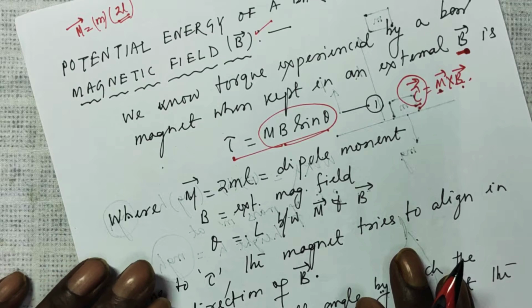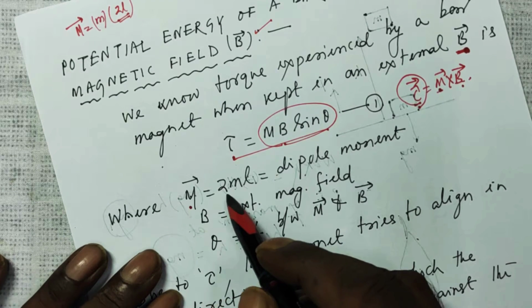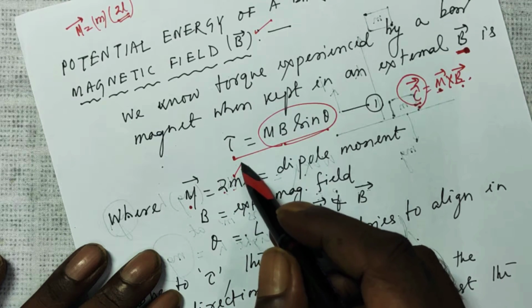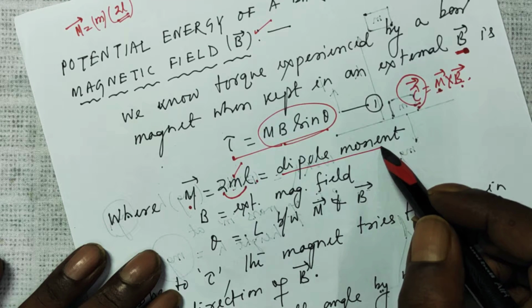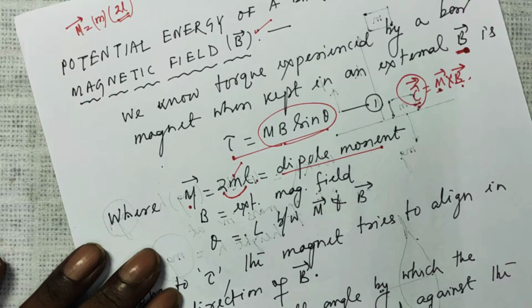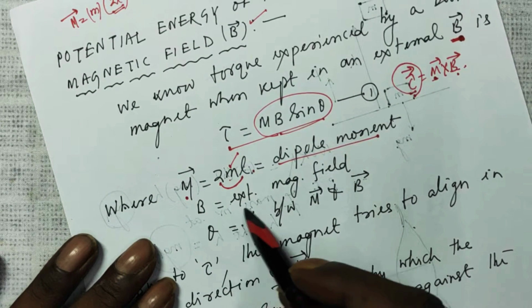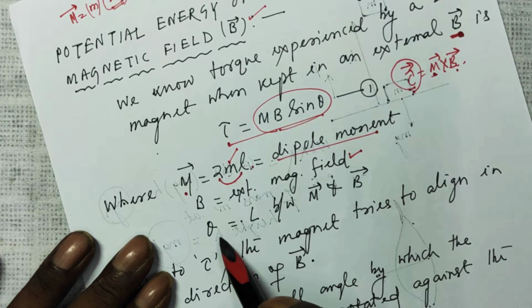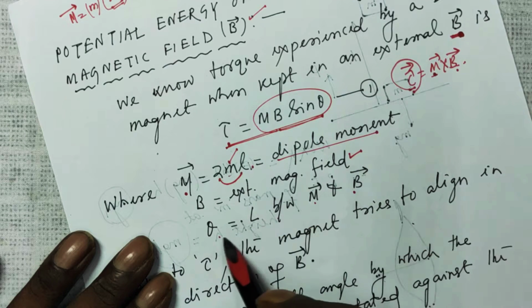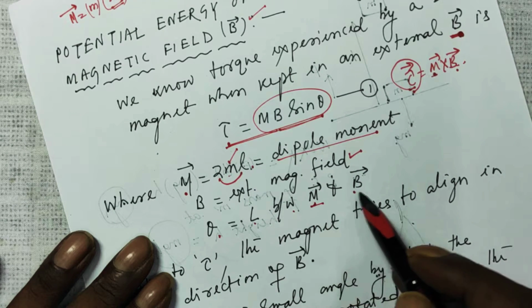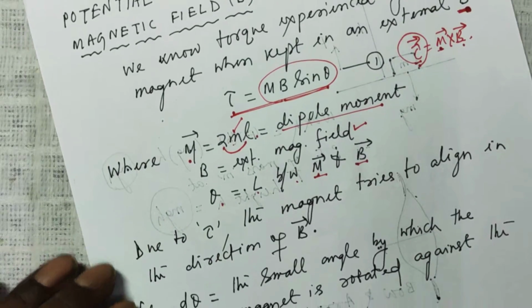Now, m, the magnetic moment, was 2ml, where m was the pole strength and 2l was the magnetic length, that is the distance between the south pole and north pole of the bar magnet. It was the dipole moment, directed from south to north. B was the external magnetic field, and theta was the angle between M and B.